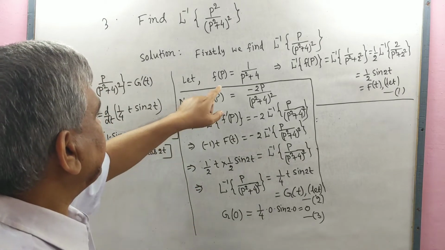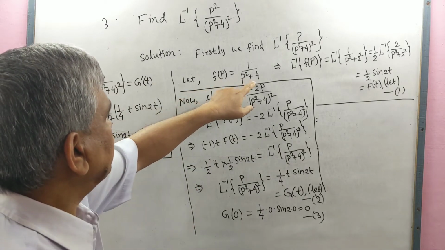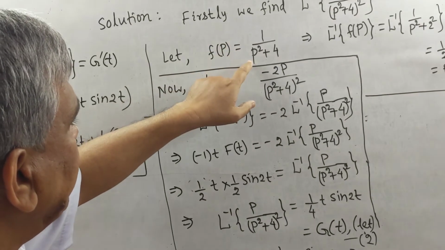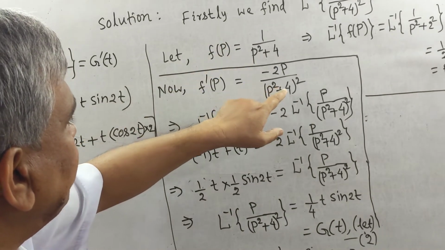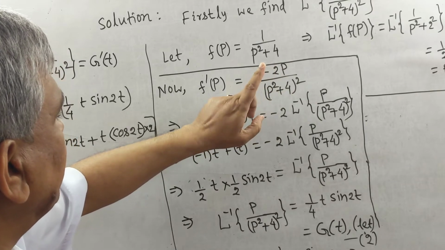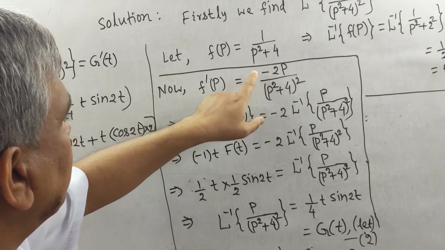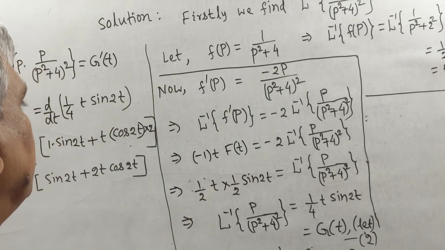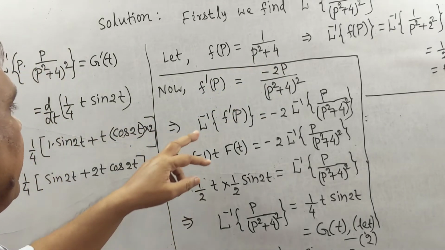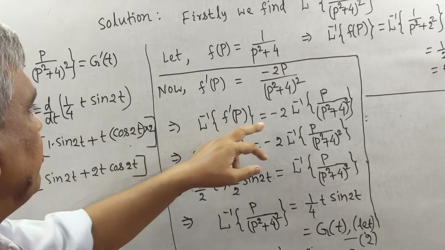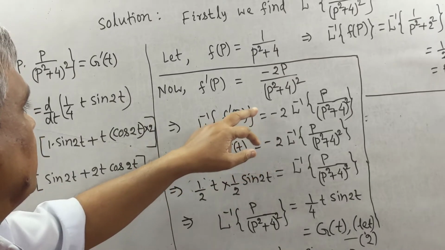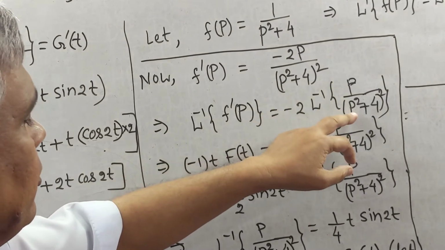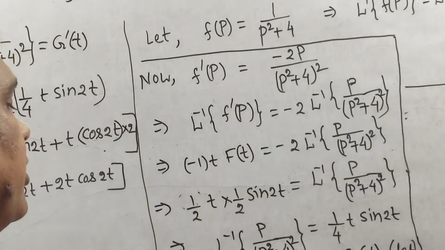Now we differentiate both sides of this. F dash p equals minus 1/(p square + 4) whole square into the differentiation of p square, which means 2p. Now we apply L inverse on both sides. So minus 2 outside, L inverse p/(p square + 4) whole square.